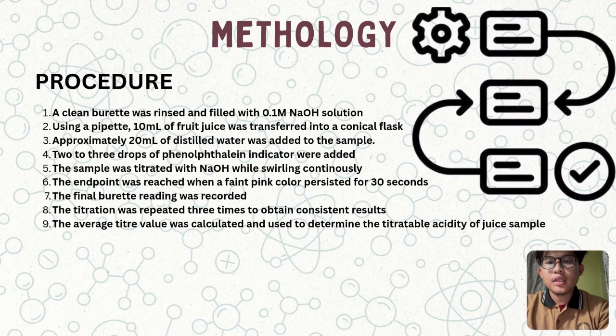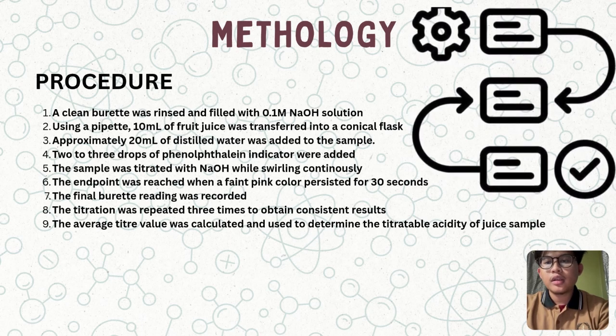The apparatus used in this experiment are a 50 ml burette, 10 ml pipette, 250 ml conical flask, beaker, funnel, and white tile. Procedure: first, a clean burette was rinsed and filled with 0.1 M NaOH solution.